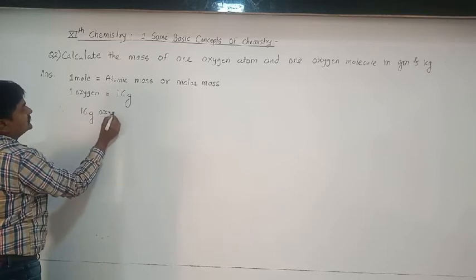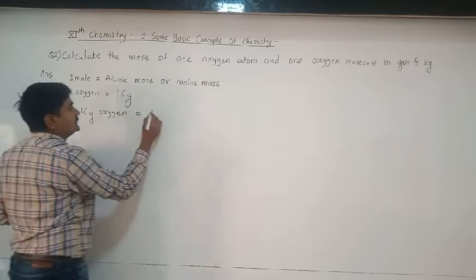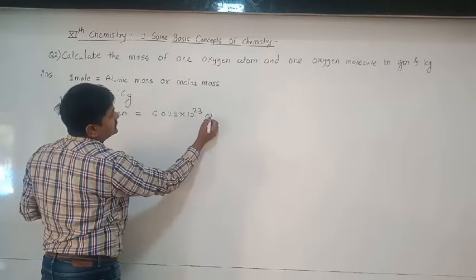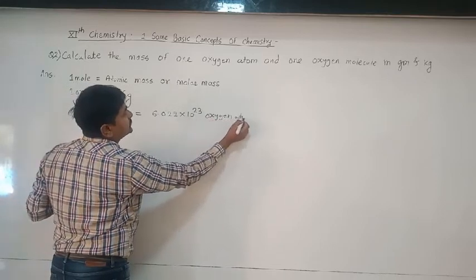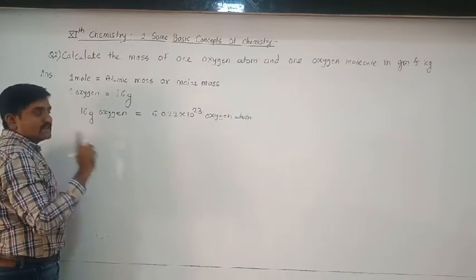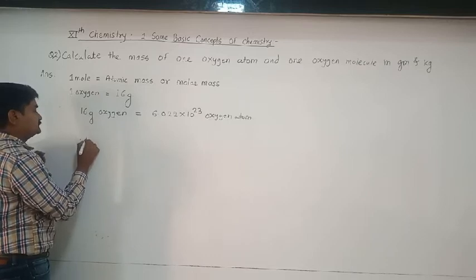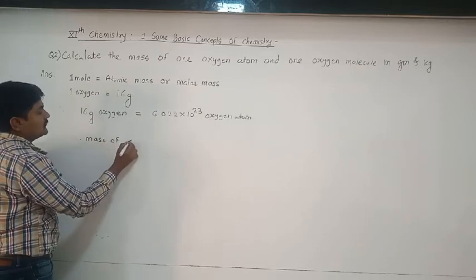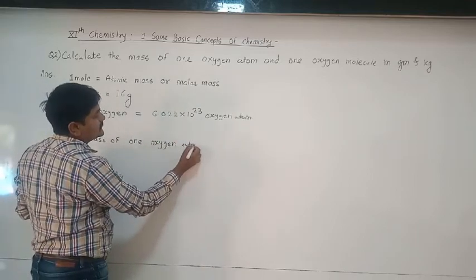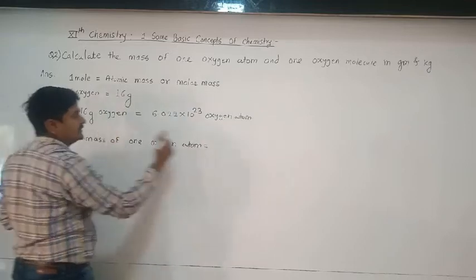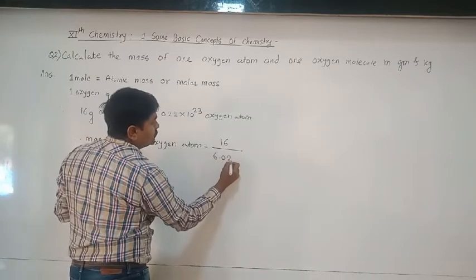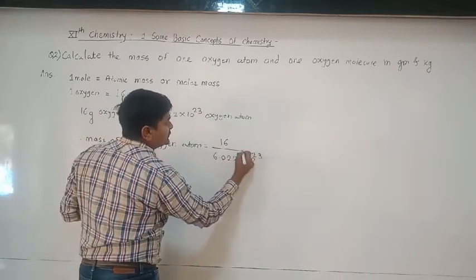So according to mole concept, 16 gram oxygen contains 6.022 into 10 raised to 23 oxygen atoms. Fine. But if you want to find out mass of one oxygen atom, then mass of one oxygen atom is equal to, see here, 16 upon 6.022 into 10 raised to 23.